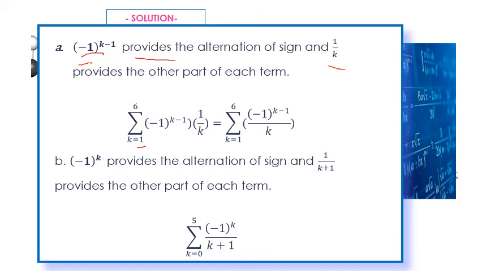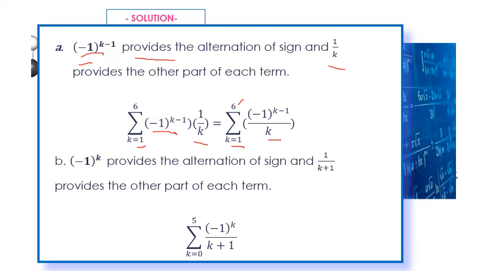So, this is negative 1 raised to k minus 1 multiplied by 1 over k. Simplifying, we have negative 1 raised to k minus 1 all over k from k is equal to 1 up to 6. So that is our final answer.